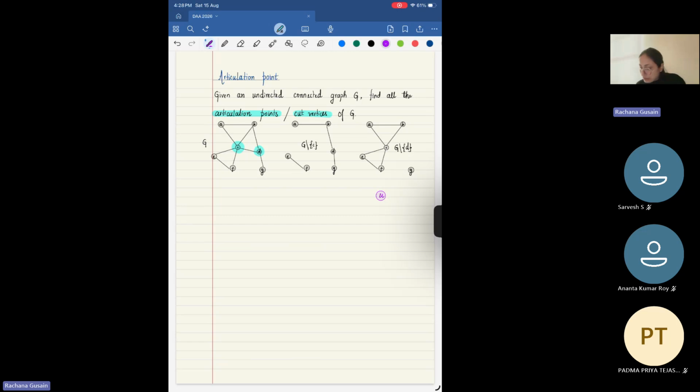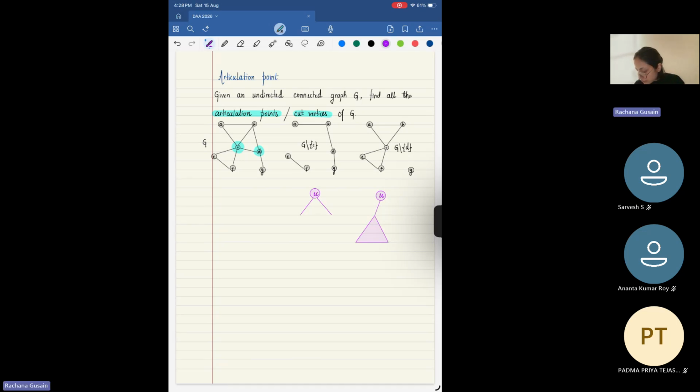That's my root node of the DFS tree. Now, there are two possibilities. Either this DFS tree with the root node U will have one child, and then we'll have a subtree rooted at that child, or the other possibility is that the root node has two or more children.